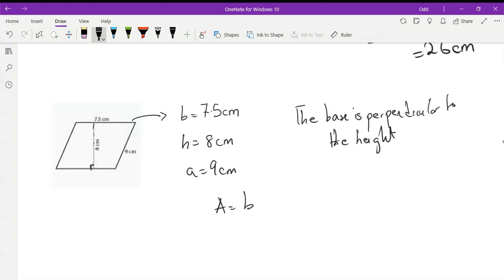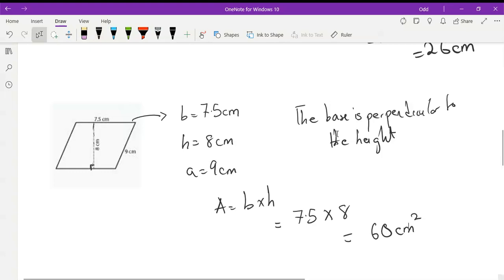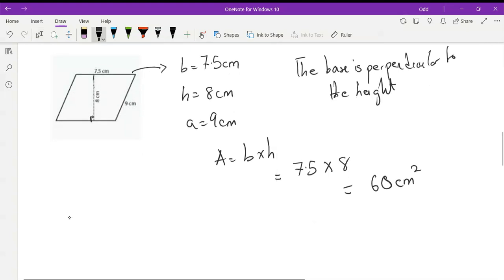So what's our area? Area will be b times h. Our base is 7.5 times the h, 8. So 7.5 times 8 should give us 60. What's the unit? Cm squared. Then for the perimeter, P is equal to 2 times (a plus b).